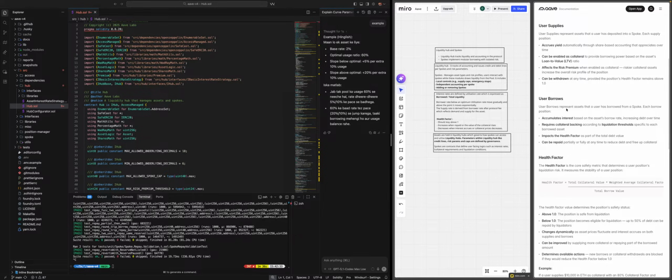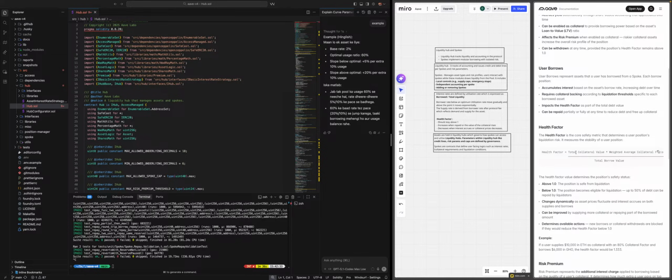And the opposite is user borrow position, where the user is not lending but rather borrowing assets from the spoke, and it accrues interest over time until fully repaid. It requires collateral backing, accounting for liquidation factors, such that the value of collateral needs to be above a liquidation threshold so the health factor is always above 1. And that's what we covered.